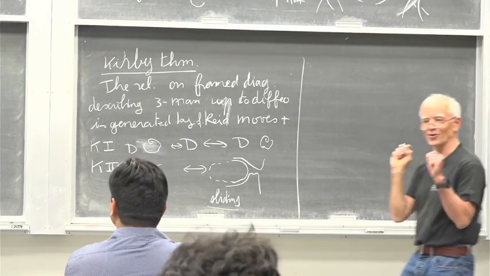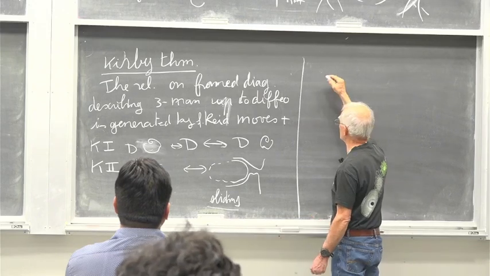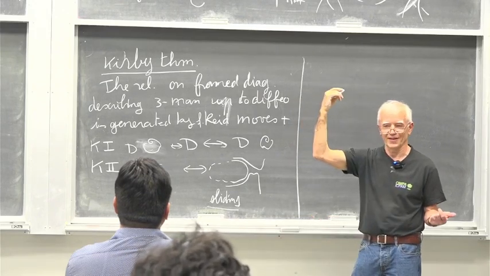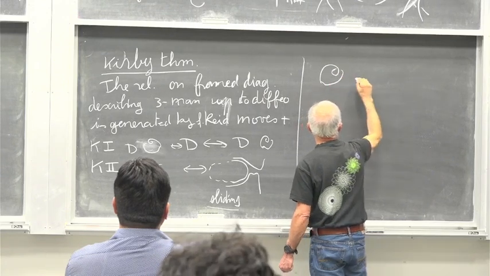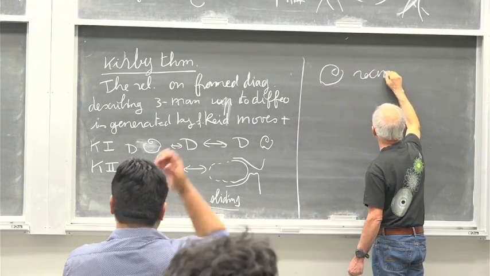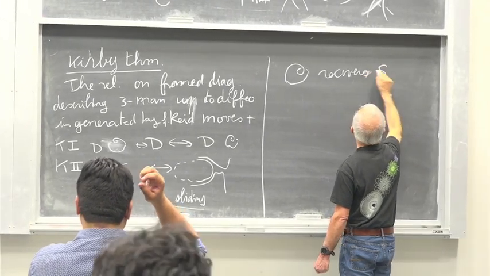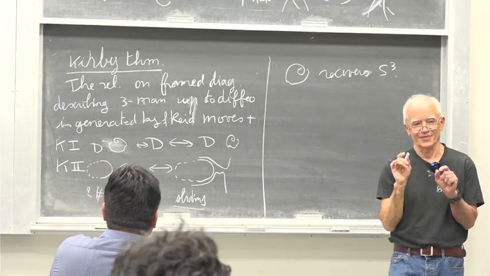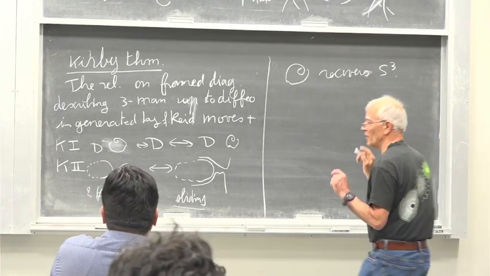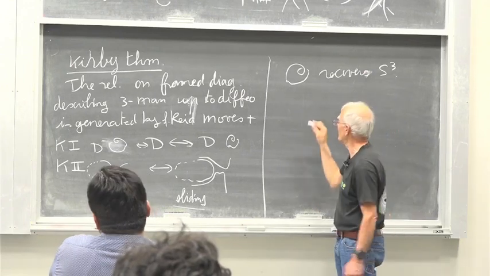I will draw three-manifolds. So first is, of course, the empty diagram, which gives a sphere. But this guy recovers S3. It's not easy to see. I will give you a list, and I will not explain so much because it would need time.